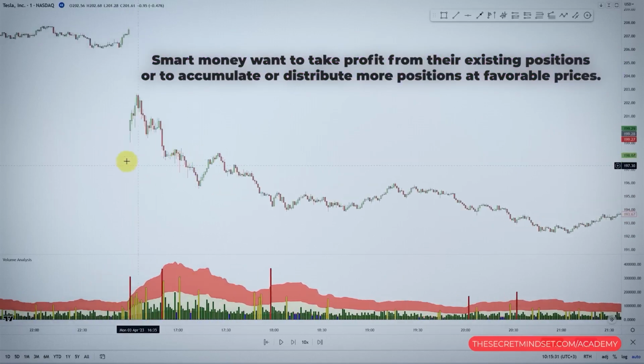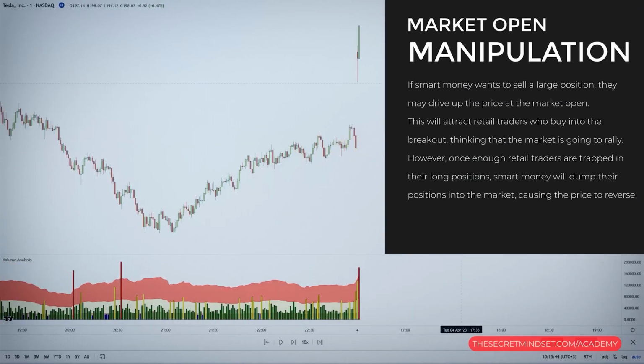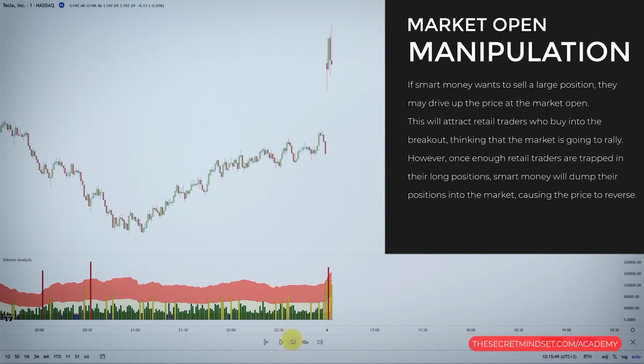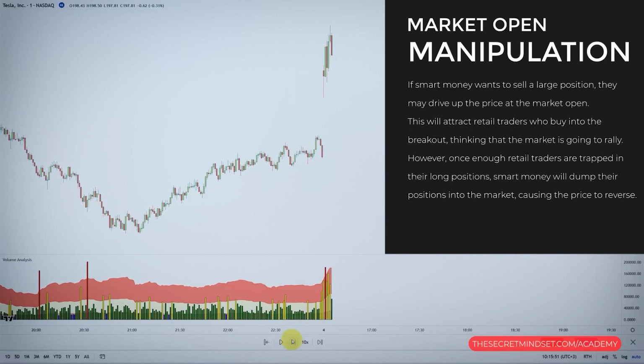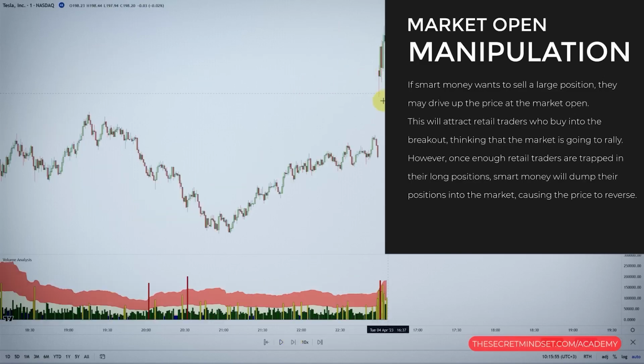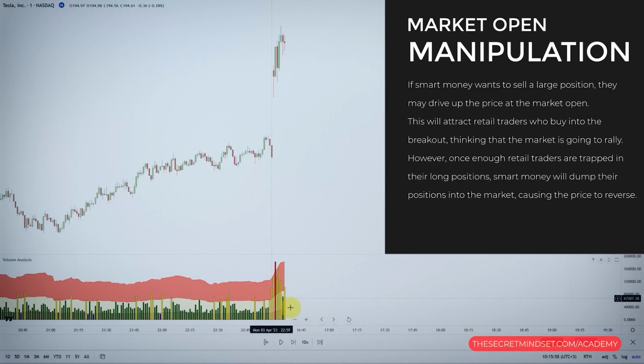The market open manipulation happens for two main reasons. Smart money want to take profit from their existing positions, or to accumulate or distribute more positions at favorable prices. For example, if smart money wants to sell a large position, they may drive up the price at the market open. This will attract retail traders who buy into the breakout, thinking that the market is going to rally.